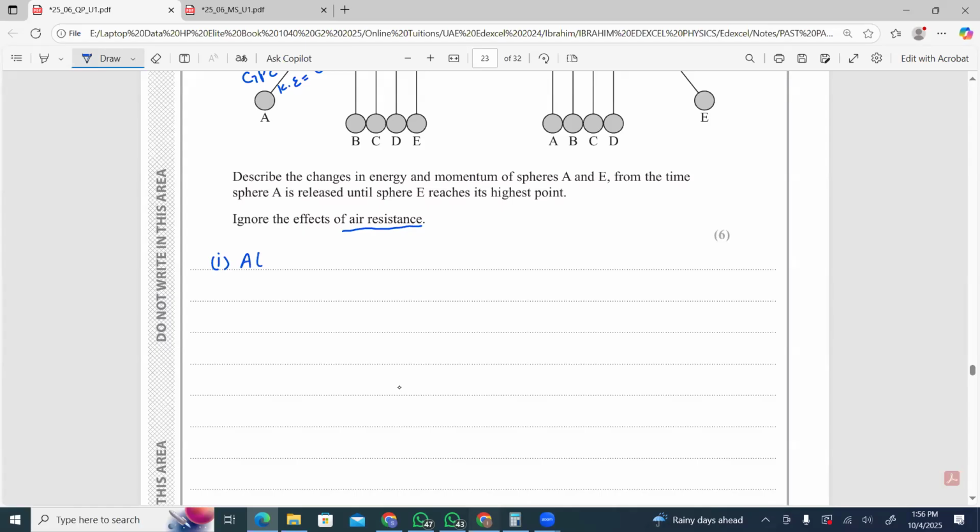At A, GPE is max, KE is 0. Okay, since at rest. Okay, because Bob is at rest.